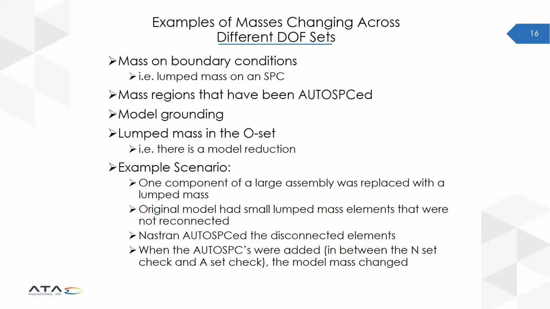You should do grounding checks in addition anyway, but if you notice in your weight check that you get different mass in different sets, you might want to double check your grounding or rerun that to make sure you don't have grounding in your model. And again, you can refer to our grounding presentation from a little while ago for more information on that. Lump mass in the O set, this is a model reduction, so that would be another thing to double check if you're getting those inconsistencies.